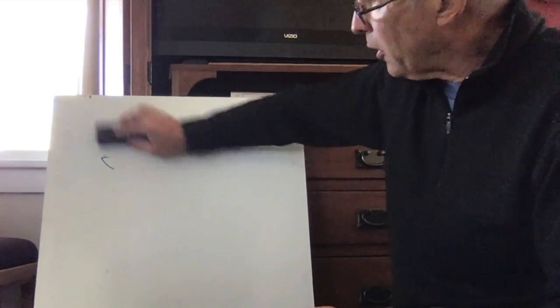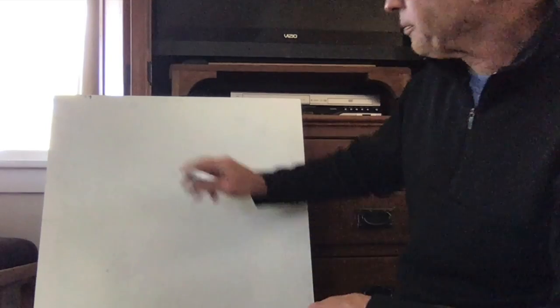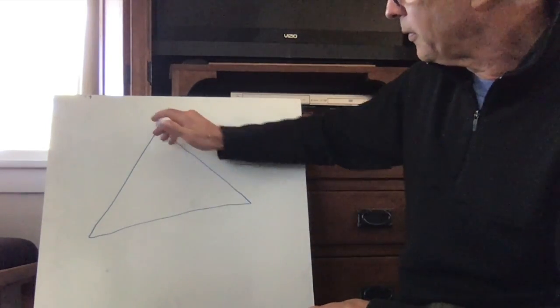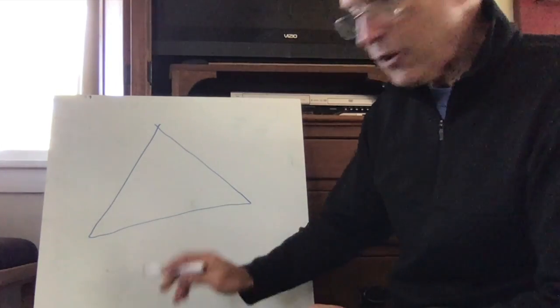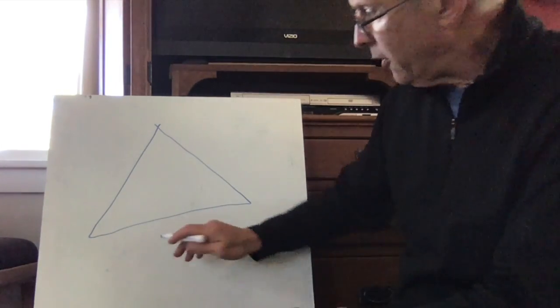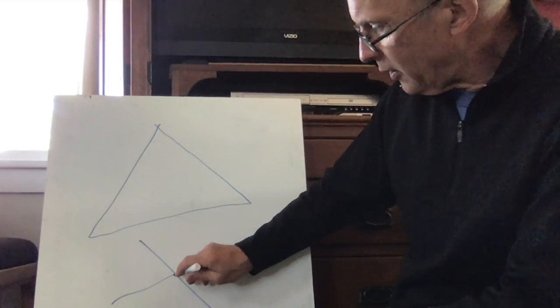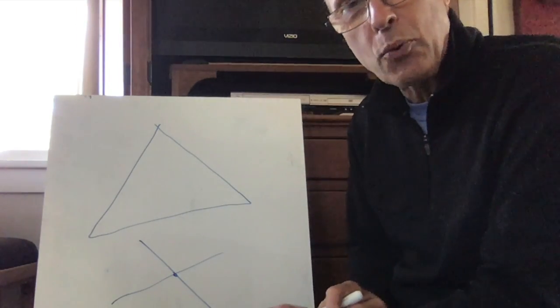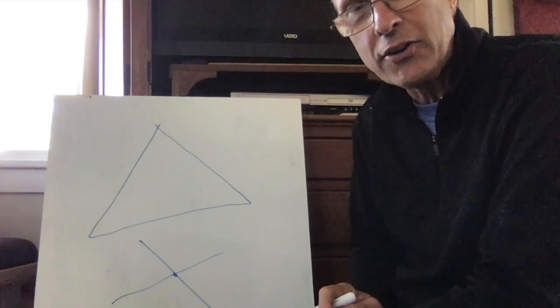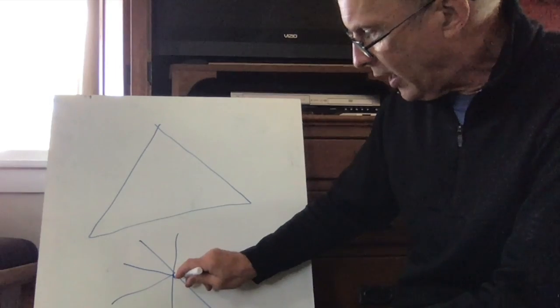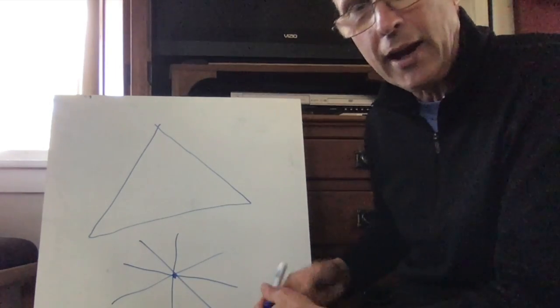Now, applying that to triangles, you get something a little different. First, let me make sure you understand a word. If I have a line and another line, the point where they cross is called the point of concurrency. They're concurrent lines. I could have another line going through there, and that is still the point of concurrency.